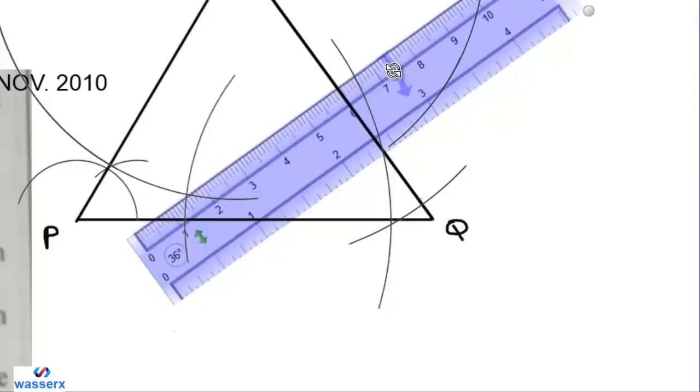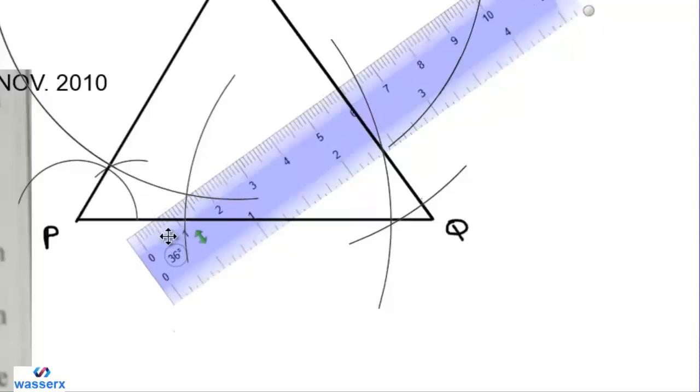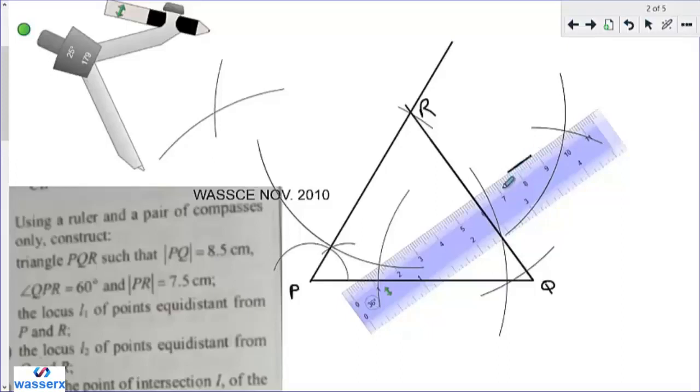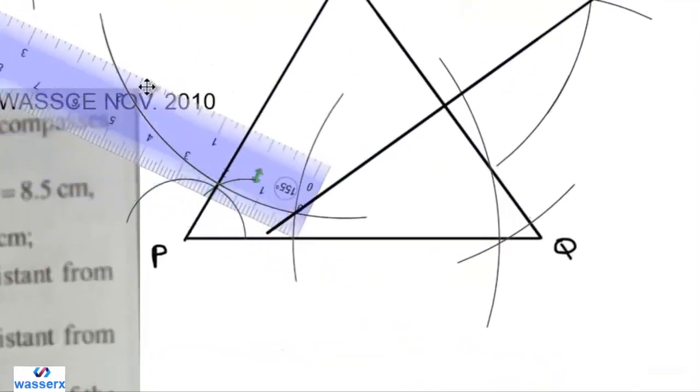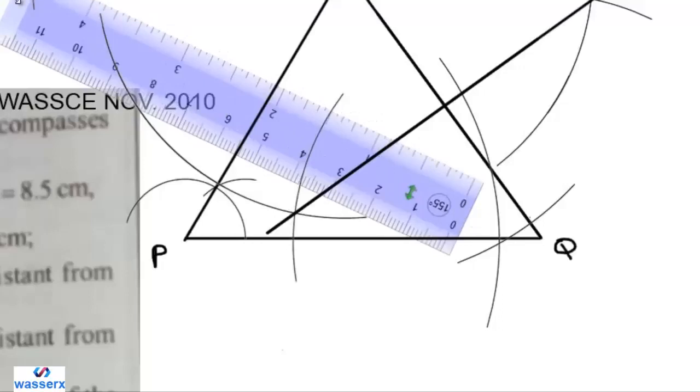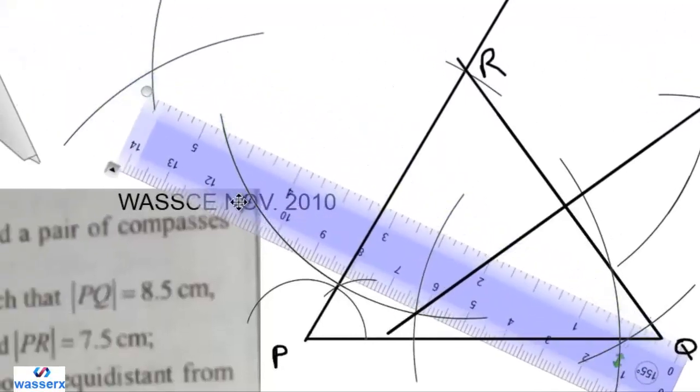So draw this line. So we have something like this. So that is our second locus. The first one is, let me extend the rule.